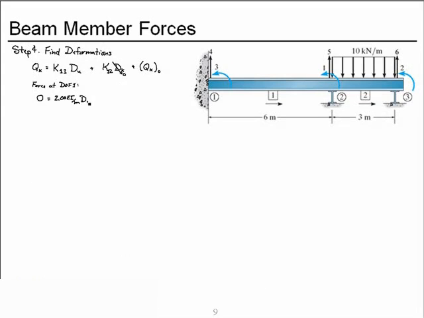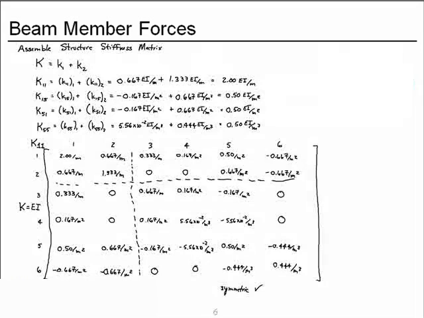And that's times deformation at degree of freedom 1, to which we add coefficient 1, 2, because we're looking for the force at degree of freedom 1 due to deformation at degree of freedom 2.